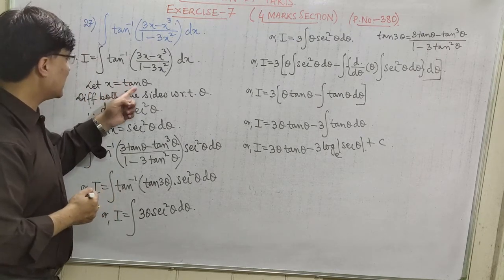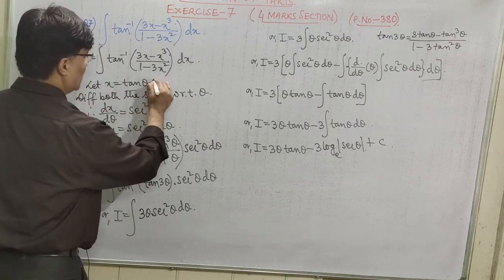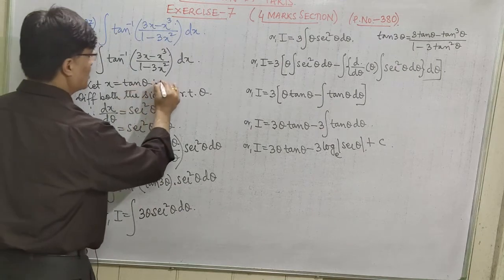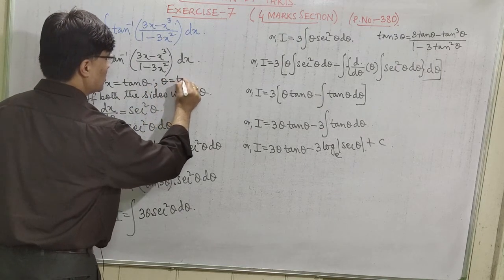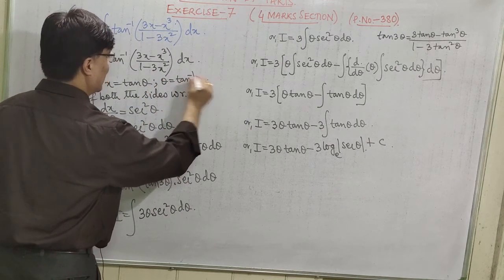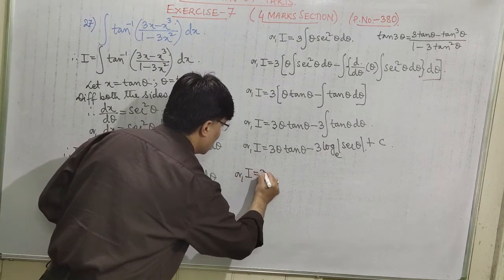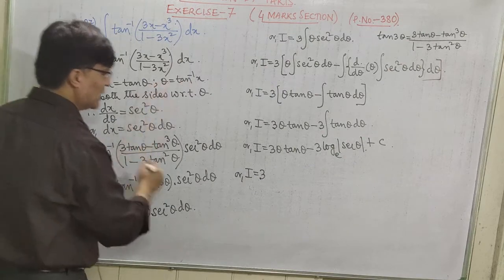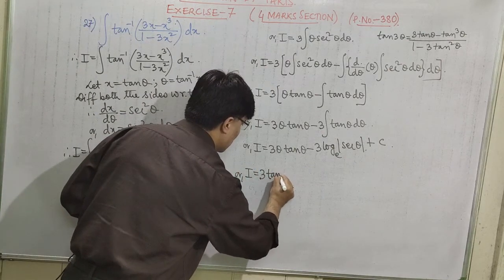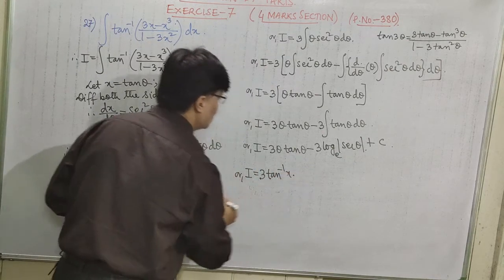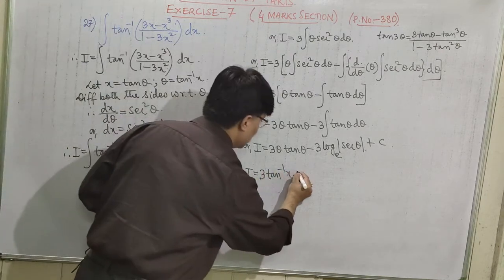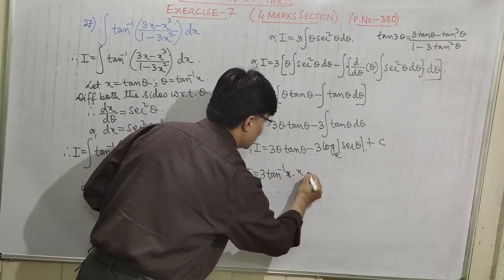Okay, so now we can put the value for tan theta as well as sec theta. We know that tan theta is equal to x. So if tan theta is equal to x, what is the value for theta? So theta is equal to tan inverse x. Or I is equal to 3, what is theta? Tan inverse x, into, what is tan theta? It is x, right?